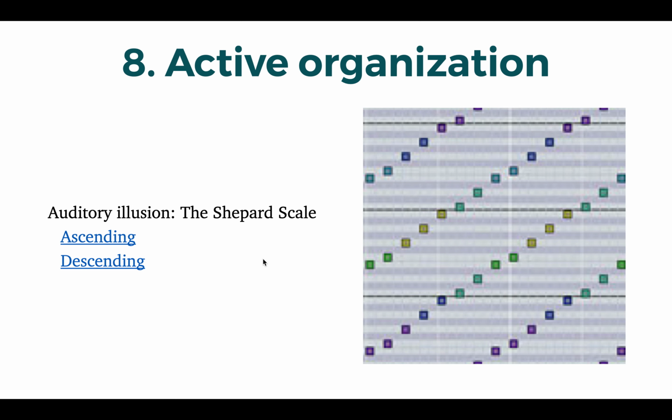And what's happening is, again, active organization of everything that's going on. You're not hearing just one note when you're hearing the Shepherd scale. You're hearing multiple levels of notes. So you're hearing this note, you're hearing the octave above that, and the octave above that. And then you're hearing the next note and the octave above that and the octave above that.